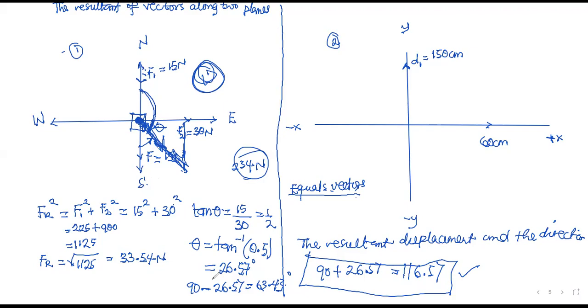Giovanni. Sir, please, I don't understand why we use the tan to calculate it. We are looking for the direction. We know this is perpendicular.